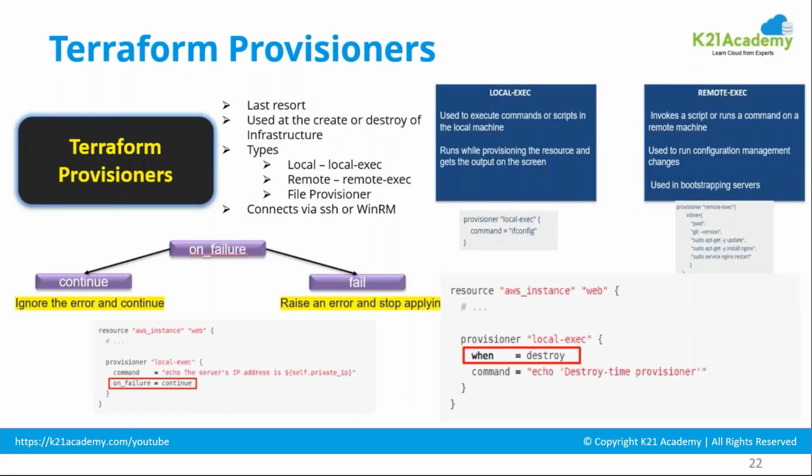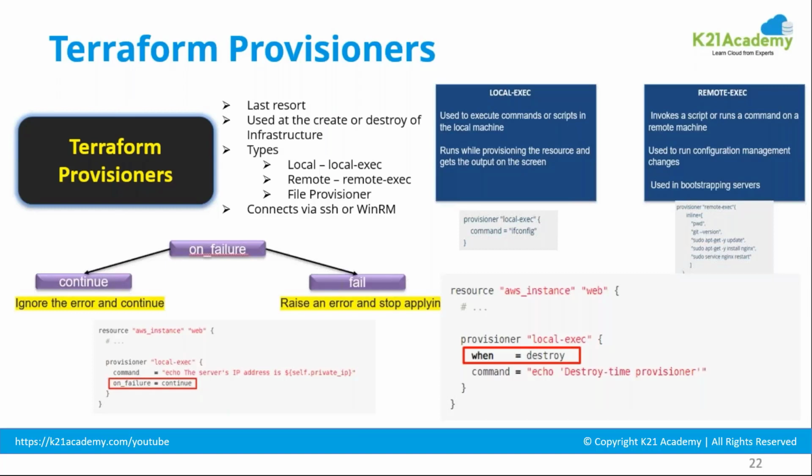Now, after that, we also discussed provisioners, which are the last resort that you should think of for configuring your infrastructure post provisioning. So if you have deployed a virtual machine and now you want to do some post deployment tasks, you can use provisioners.